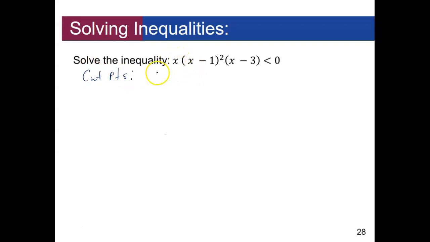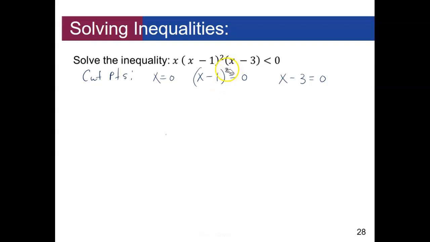So this counts as one factor. This counts as another factor. And then this counts as a third factor. And we actually don't really need to consider this squared here.